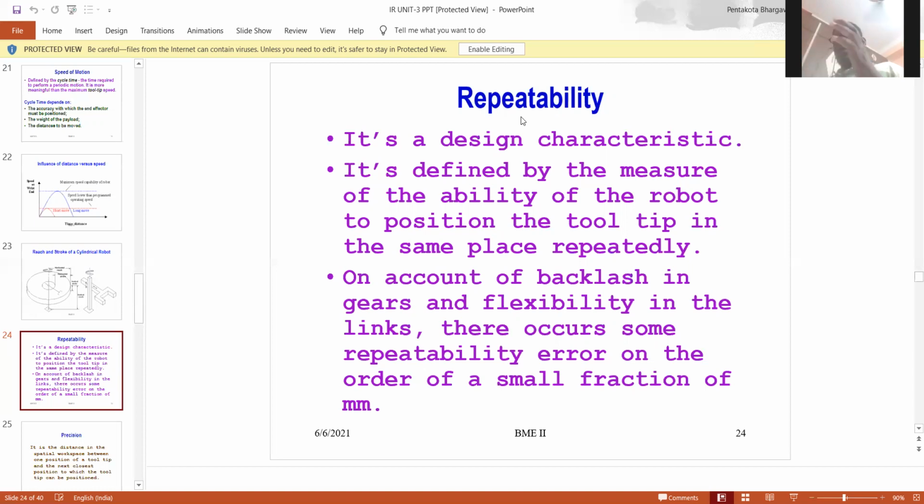Here the robot can be placed into one particular position, and the position will never change. On account of backlash in gears and flexibility in the links, there occur some repeatability errors on the order of a small fraction of a millimeter.